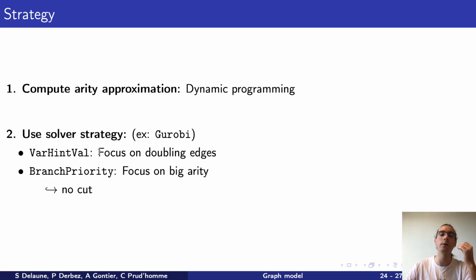So we want to focus here on the doubling edges because we know that the hard part of Trivium is the doubling edges. And then we set a branch priority on these doubling edges to focus on the big arity edges, because if there is a big arity, we know that by taking these edges, we will most likely end up with a solution. And with this strategy in the solver, we don't need the divide and conquer that was used in the previous methods.